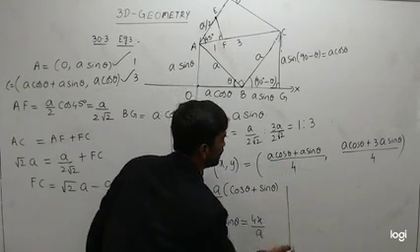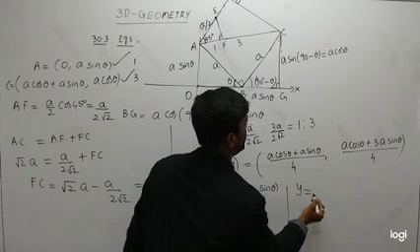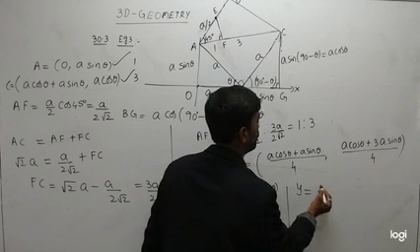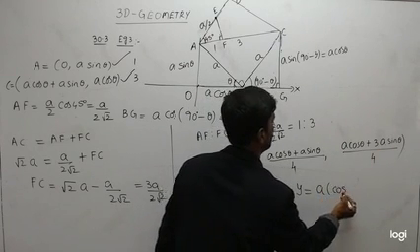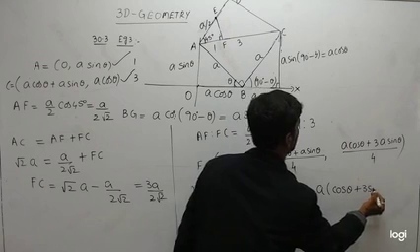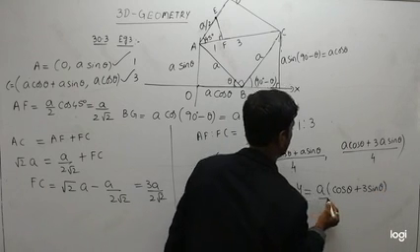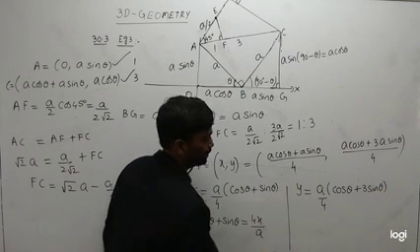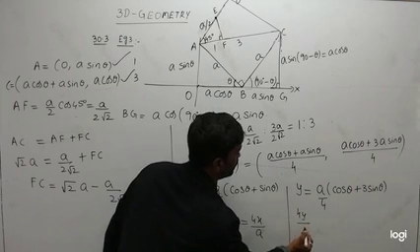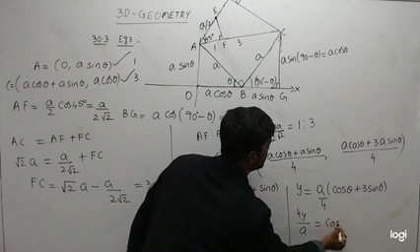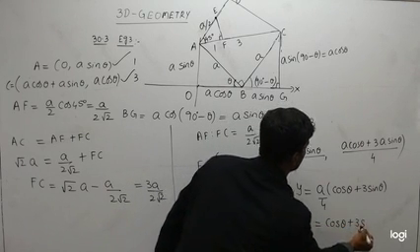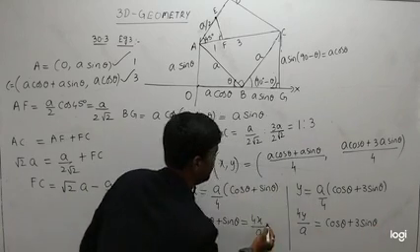Next, equating y coordinates. y is equal to what I will get here. What is common? a common. a into cos theta plus 3 sin theta divided by 4. Cross multiply a by 4. Then what you will get? 4y by a is equal to cos theta plus 3 sin theta. So let it be equation 1.